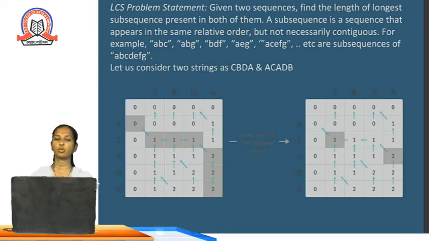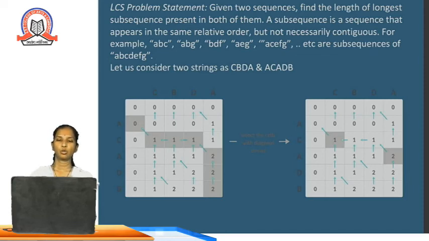Similarly C is not equal to D, hence we consider the max of left and top. And again C is not equal to A. In the next row, same, C is not equal to A, so we consider the max of left and top. A is not equal to B, max of left and top, that is 1. And then A is equal to A, so diagonal element plus 1, that is 1 plus 1, 2. That is how we are calculating the table entries.